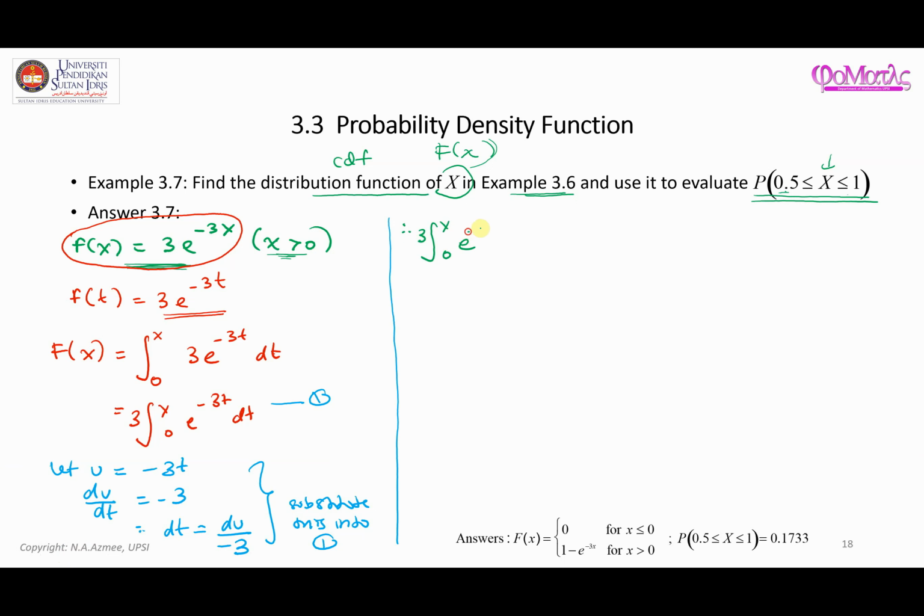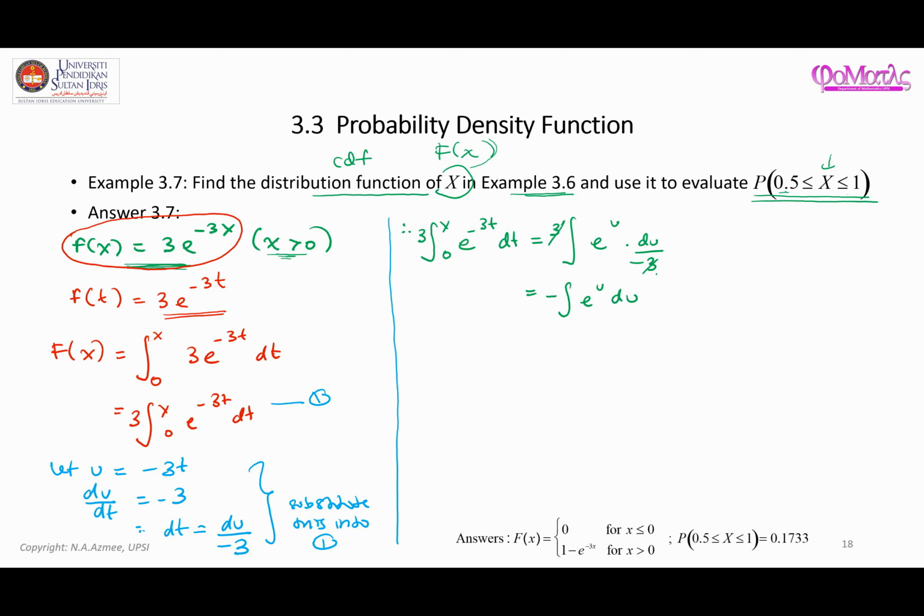3 times the integral from 0 to x can be written as 3 e^u, and here we've got du over negative 3. You can simply cancel this with the 3 outside. 3 and 3 cancel out, and we have negative e^u du, and we already know the result of this integration.